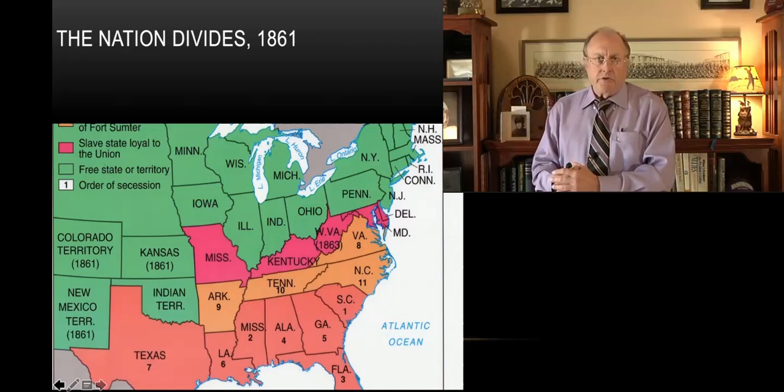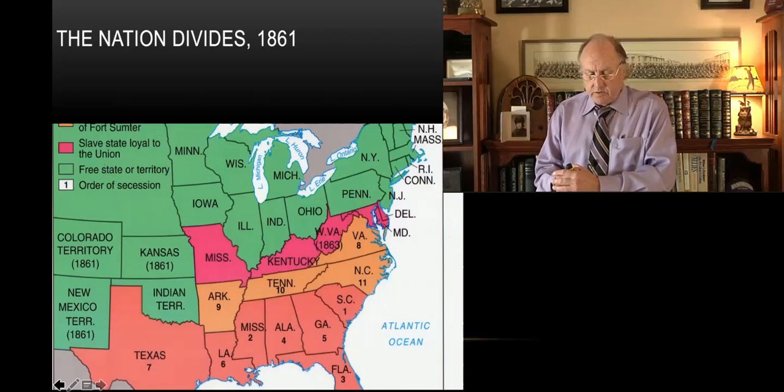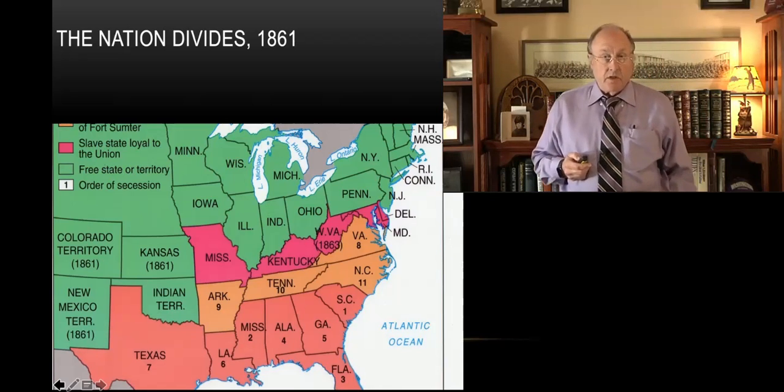One of the great questions of the Civil War, and a question that I've already answered on several occasions, but it bears repeating now. Why did these states, the states of the Confederacy, wish to leave the Union? Our finest Civil War historian, James McPherson, by the way, his Battle Cry of Freedom won the Pulitzer Prize.